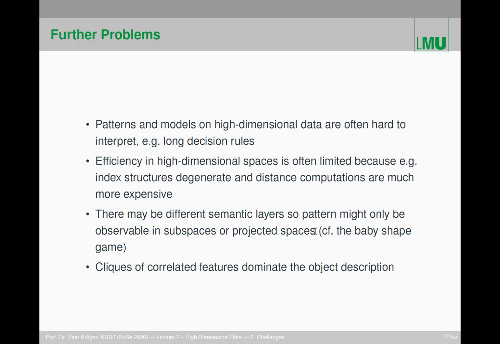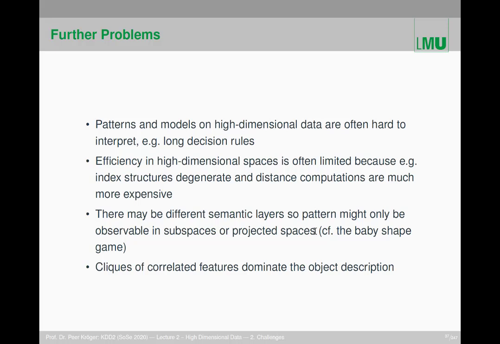Distance computations are of course more expensive, but the most important point is that these index structures, typically search trees, completely degenerate when the dimensionality grows. We are not talking about 100 dimensions; these index structures typically degenerate with 6, 7, 10 dimensions, and then a sequential scan is a better idea to search for neighborhoods.